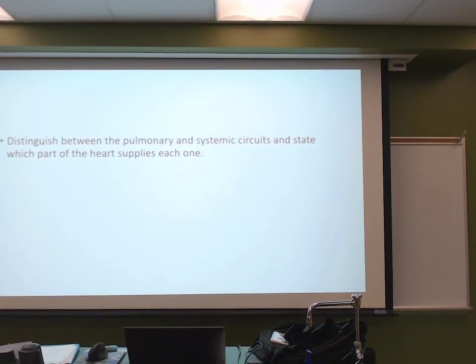So, pulmonary is from the right side to go to the lungs, because we got to drop stuff off, okay? We got to pick stuff up, especially the oxygen, okay? Then, systemic circuit, we've now got oxygenated blood, we need to drop it off at the tissue level, all right? Good deal. All right, now sit back in.